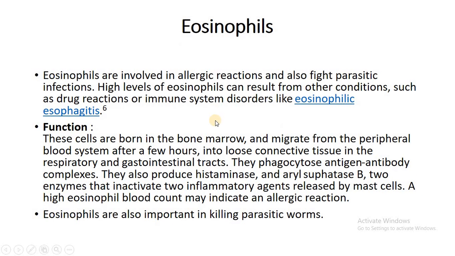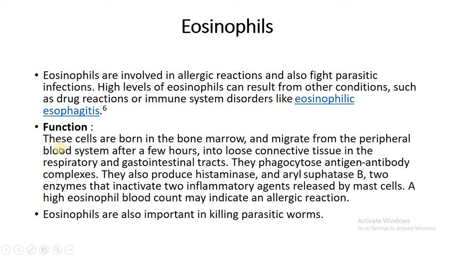Next important polymorphonuclear cell is the eosinophil. Eosinophils are involved in allergic reactions and also fight parasitic infections. Whenever there is an allergic reaction, you can see the action of eosinophils as they release histamines.